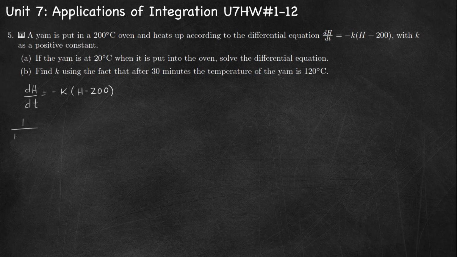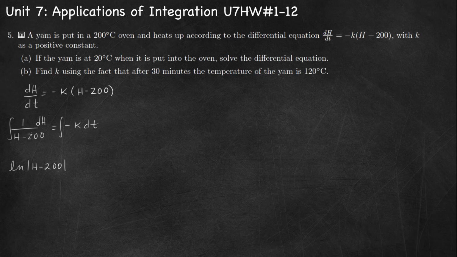So 1 over H minus 200 dH equals negative k dt. Now that we've separated variables, we can integrate both sides. On the left, the integral, oh, I dropped my dH, there we go. The integral of 1 over H minus 200 dH is natural log of the absolute value of H minus 200.